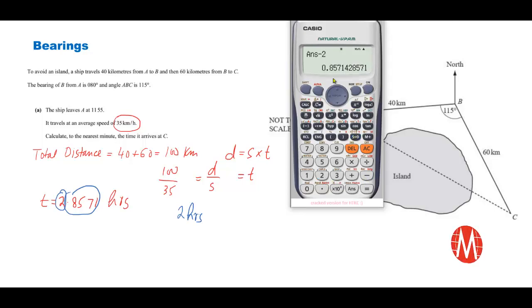Now we have this fractional part, and just multiply it by 60. So these are the minutes. These are 51.42 minutes, and if we round it to the nearest minute, it will become 52 minutes. No, it will become 51 minutes because this is 0.42, which is less than 0.5.